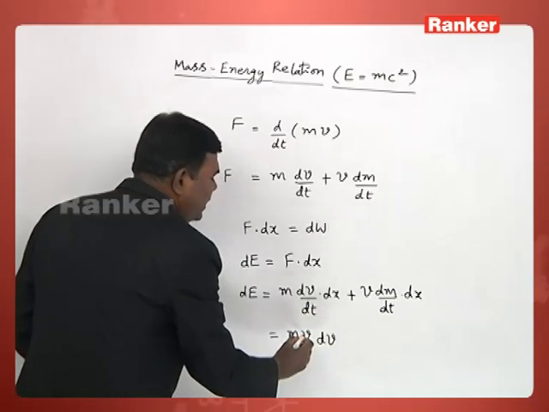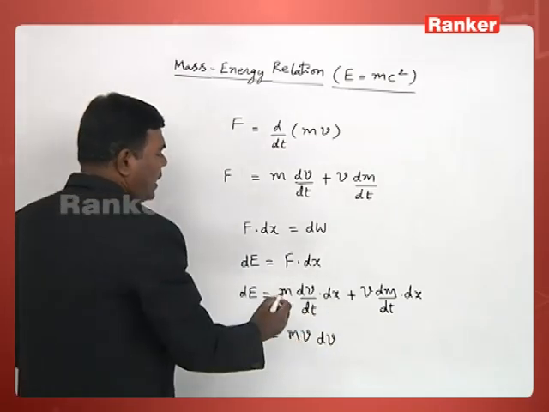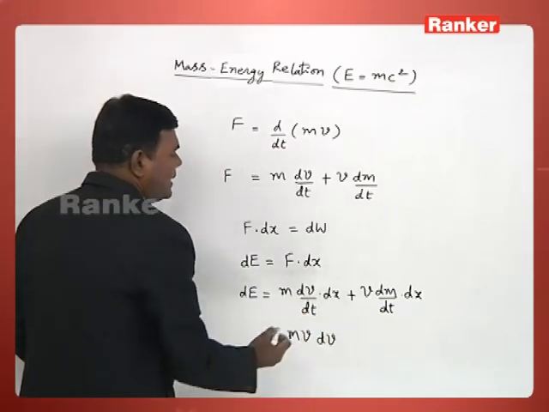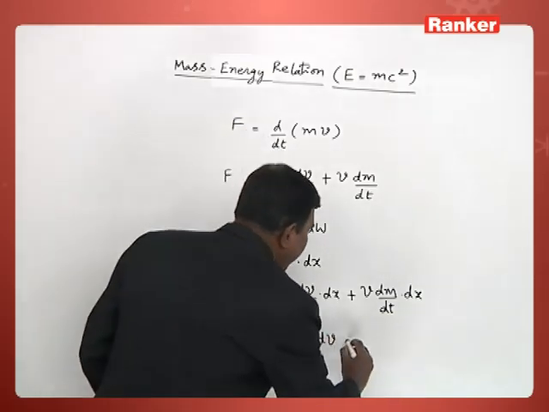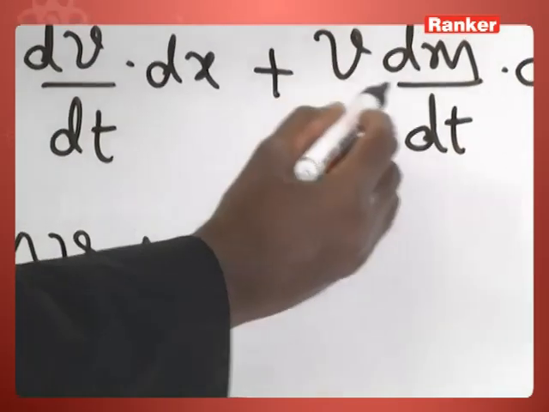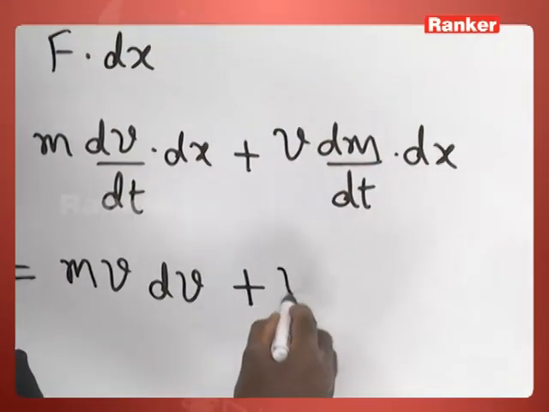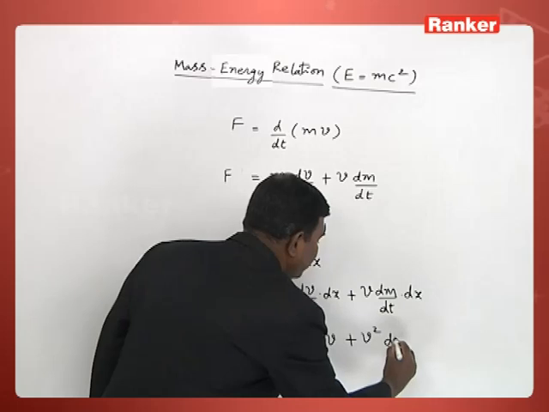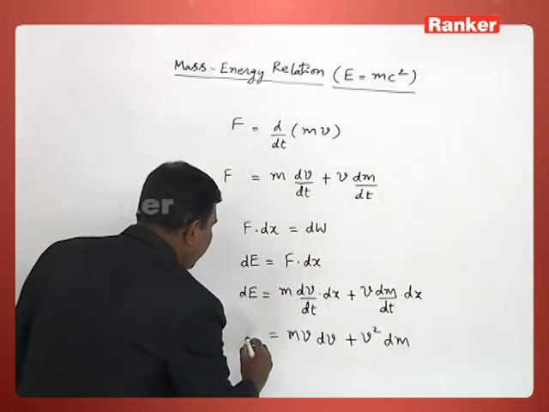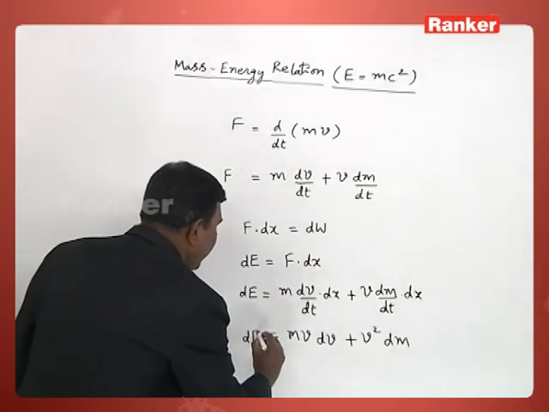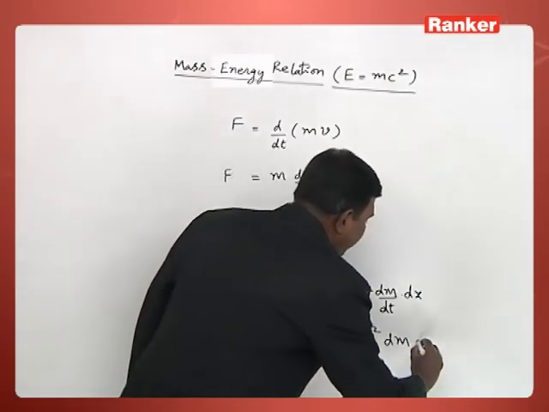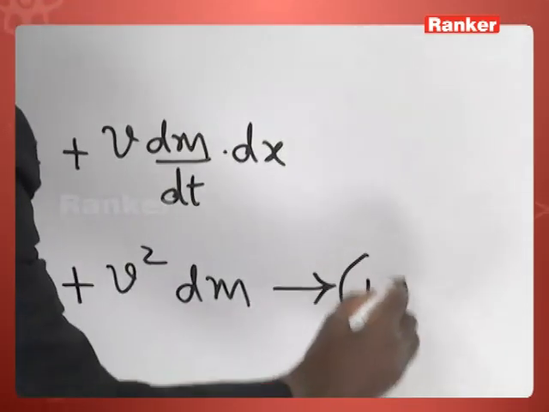This dx by dt is replaced by v and dv appears as it is. Similarly, the next term is v dx by dt, you will get another v, that becomes v square dm. That is the expression for the increase in the energy of the particle dE. Let us call this equation number 1.